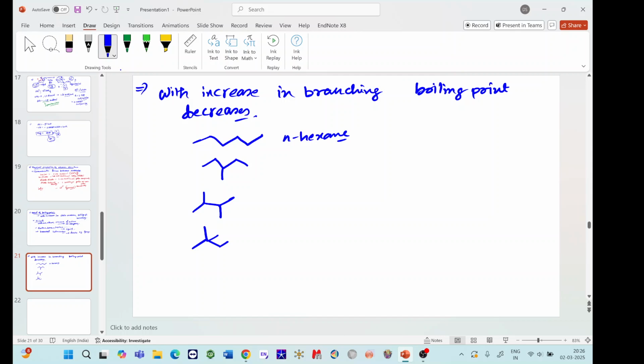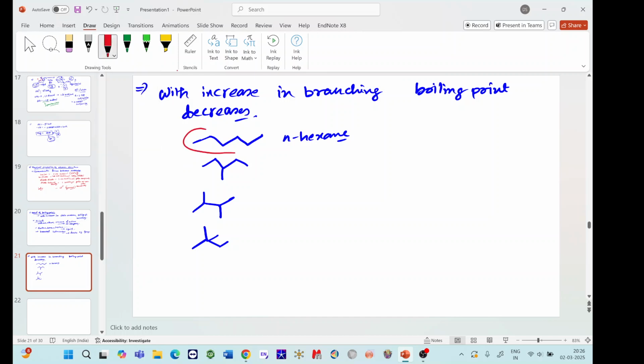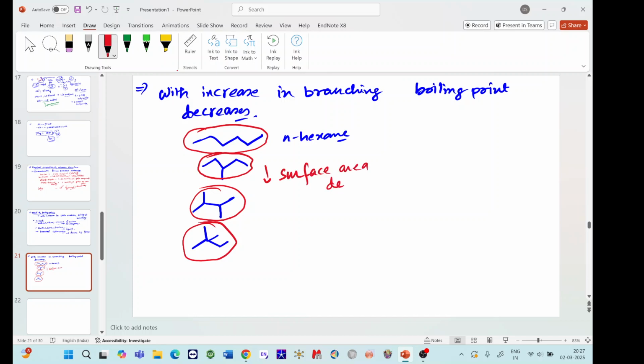So if you try to increase the branching, then what we can see is that the overall size shrinks, it gets compact. Okay, it is getting much more compact. Then what is the effect? Surface area decreases.